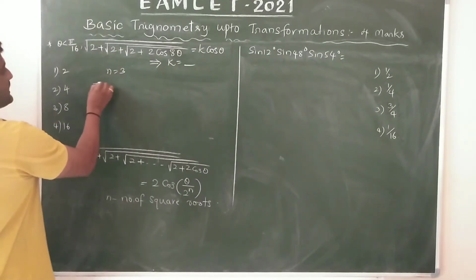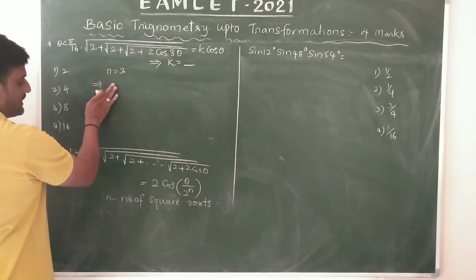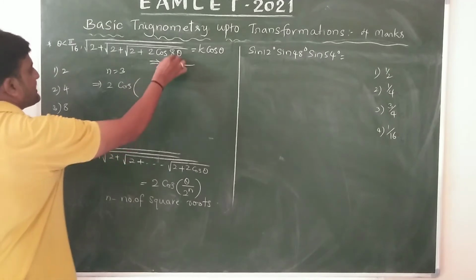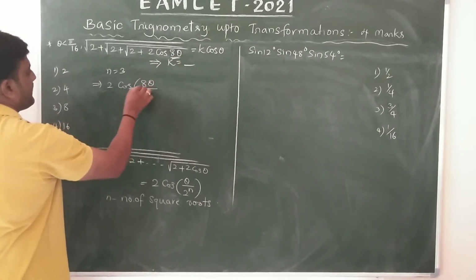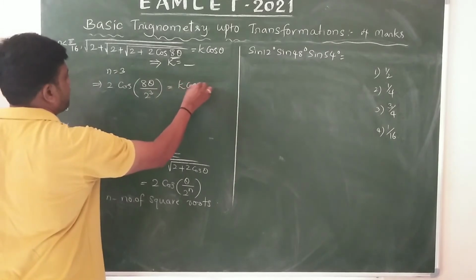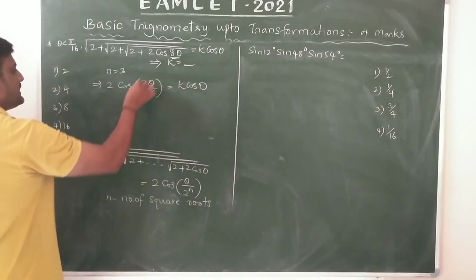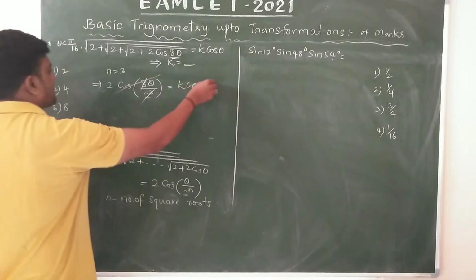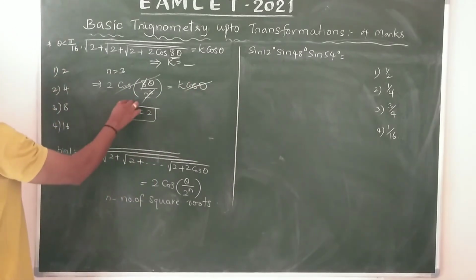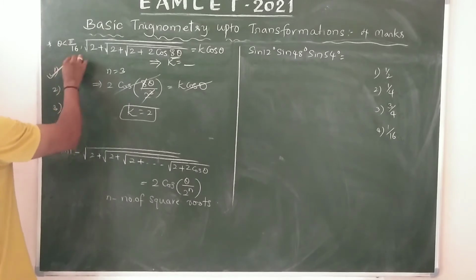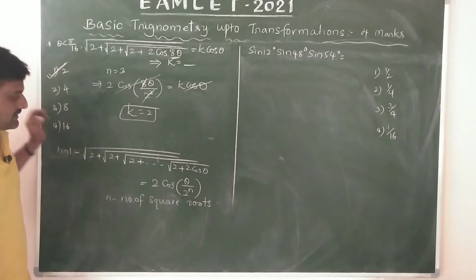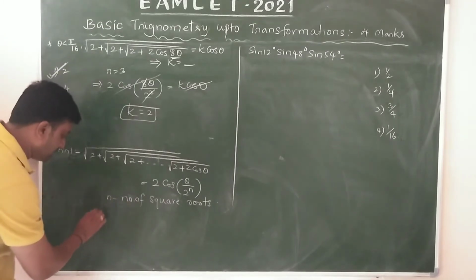Yes or no? Then we should apply 2 cos, in the place of theta, 8 theta by 2 cube, then equals to k cos theta. Clearly cos theta cancels, then k equals to 2. K equals to first one. And also one type of problem here, simply the hint is like this.